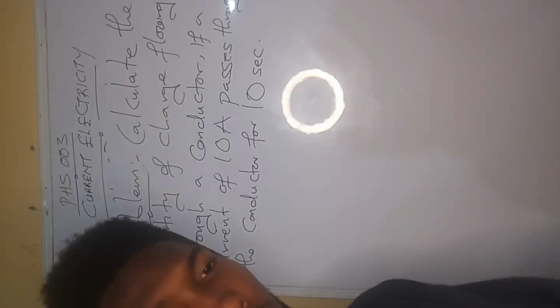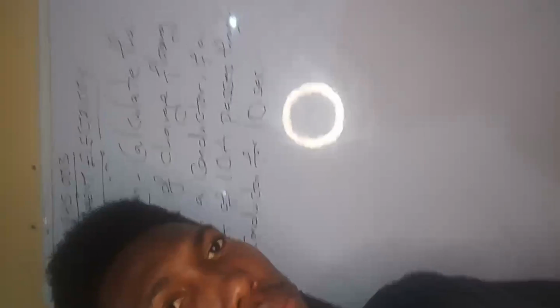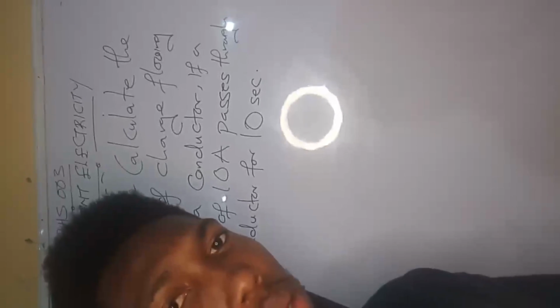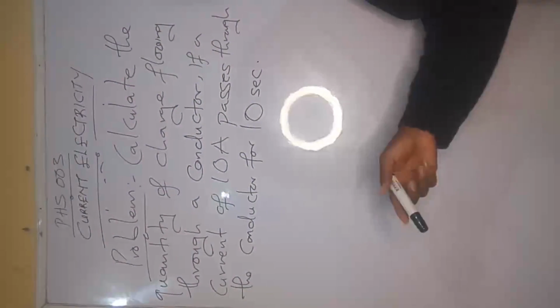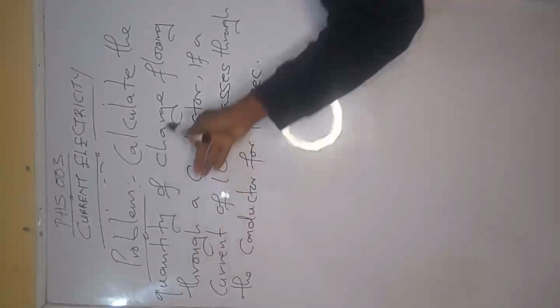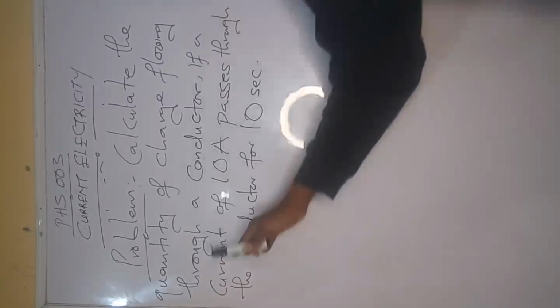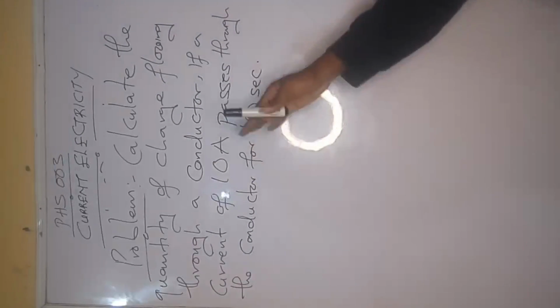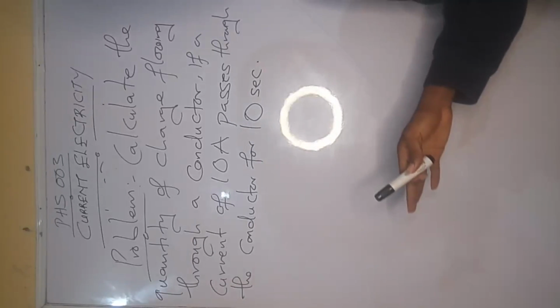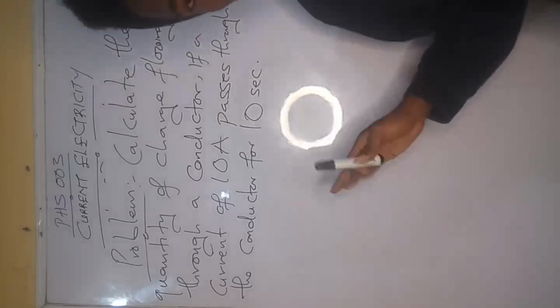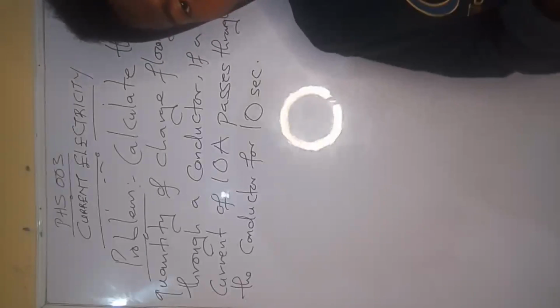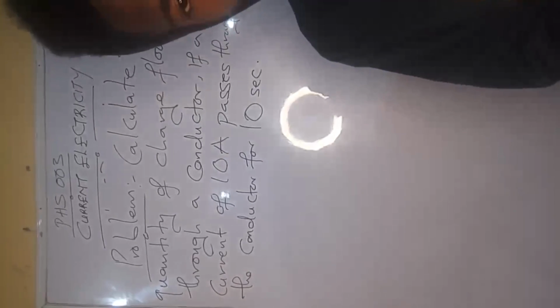Let me just rotate this a bit so we can see what we have there. Okay, so this is what we said. We said calculate the quantity of charge flowing through a conductor if a current of 10 amps passes through the conductor for 10 seconds. Are we together, please? Are we following?